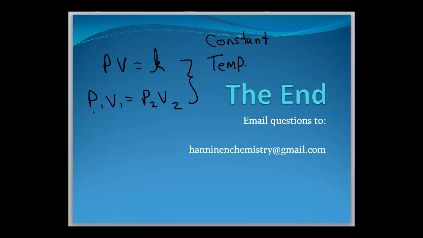So whatever unit you use for pressure here, you want to make sure the unit is the same on the other side, and also with volume. So if you're given an initial pressure in atmospheres and a final pressure in millimeters of mercury, you simply have to convert one to the other before you do the problem.